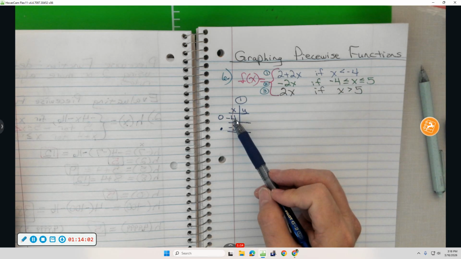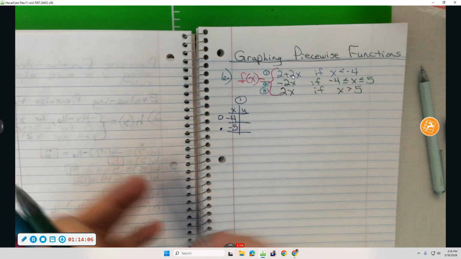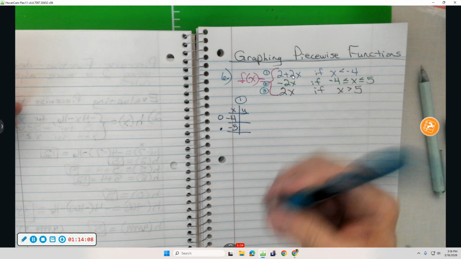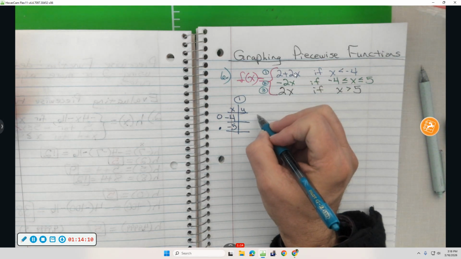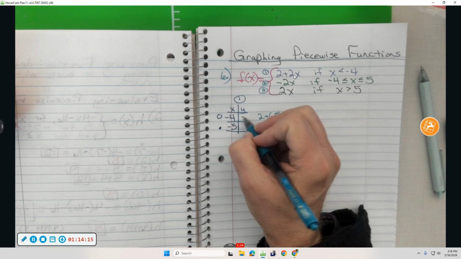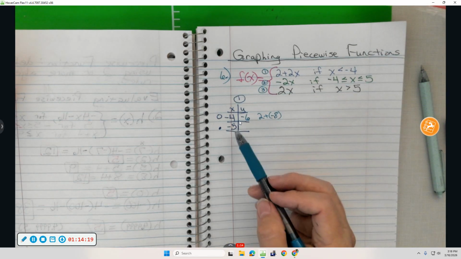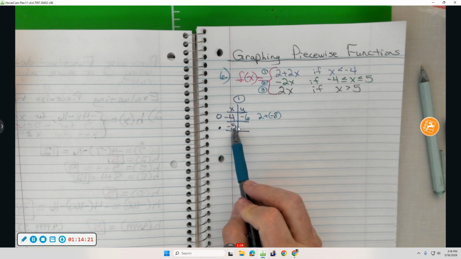Plugging in -4, we're going to get into the blue piece. 2 plus 2 times -4, that's 2 plus -8, which gives us a y value of -6. What are we going to get when we plug in -5?